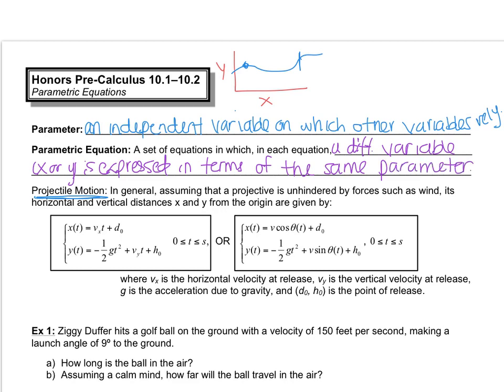So x is going to be expressed in terms of time. Y is going to be expressed in terms of time.